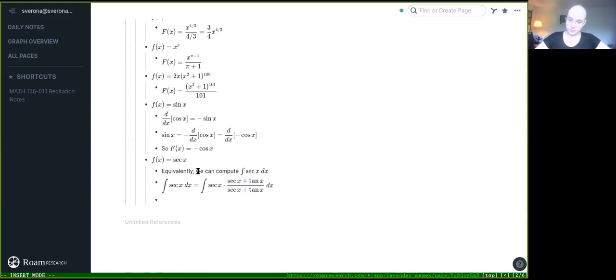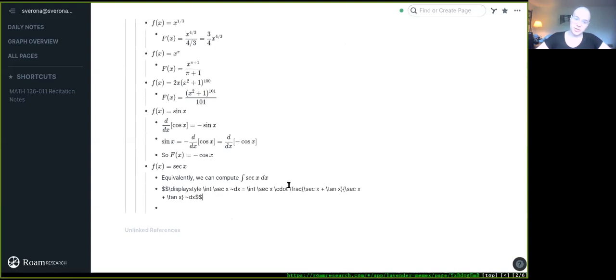So these better be, up to outside a set of measure 0, the same function. If I were to multiply this out, I'd get a fraction, and it would be secant squared x plus secant x tangent x dx.